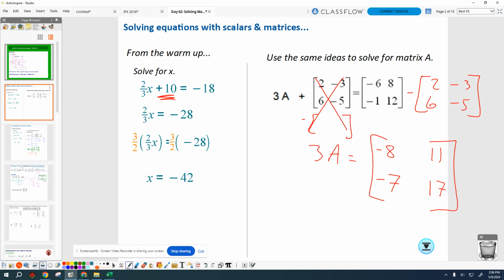Okay. And Crystal, that's not A. I want A, but I have 3A, and how do I get just A? Divide by 3. How do I divide a box of numbers by 3? Do we just make all the numbers a third? Yeah.